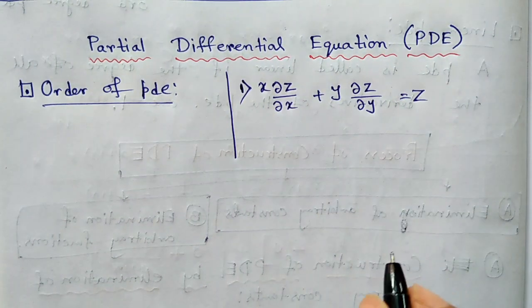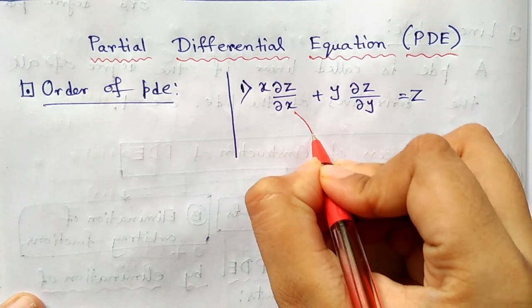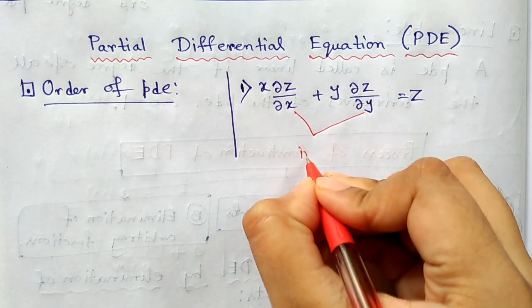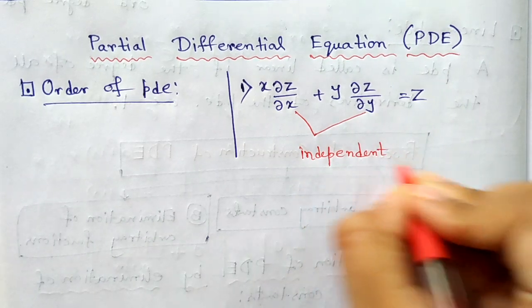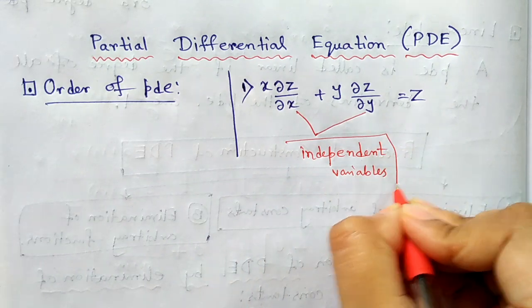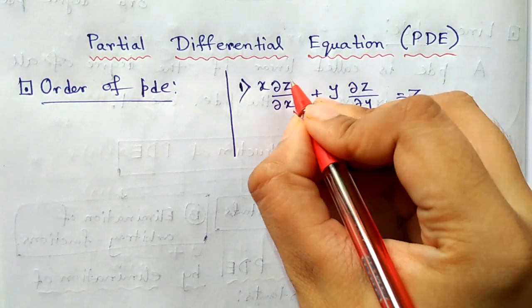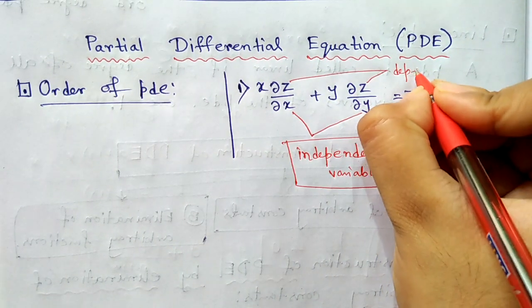So, this is an example of PDE where these variables at the position of denominator are called independent variables, and the z is called the dependent variable.